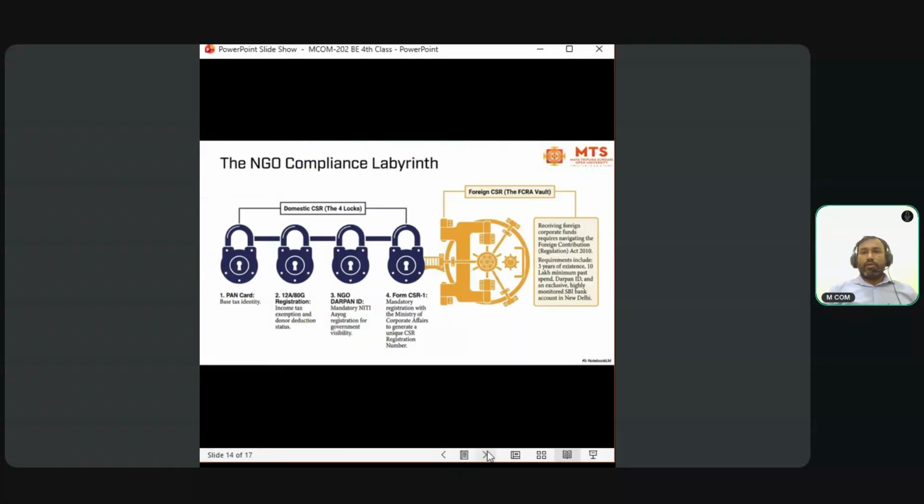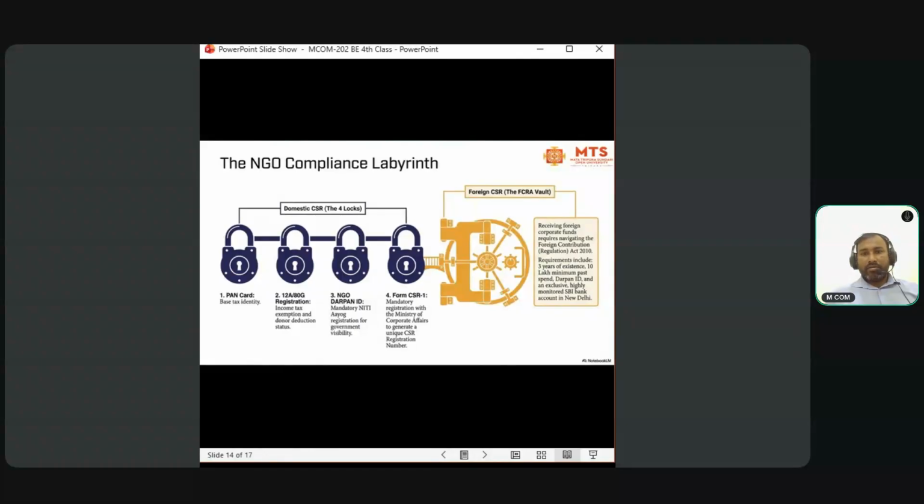The NGO compliance level: which documents are required, the system of documentation and registration.